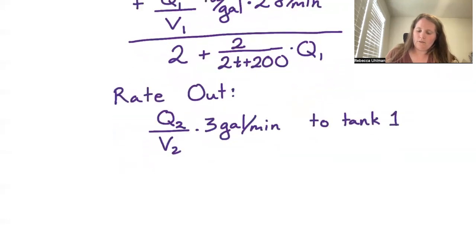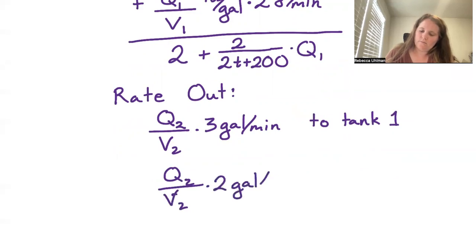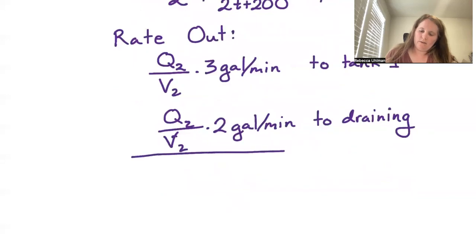And then we have, again, concentration Q2 over V2 times 2 gallons per minute to draining. And so this would give us 5 over V2, which was T plus 400, times Q2.